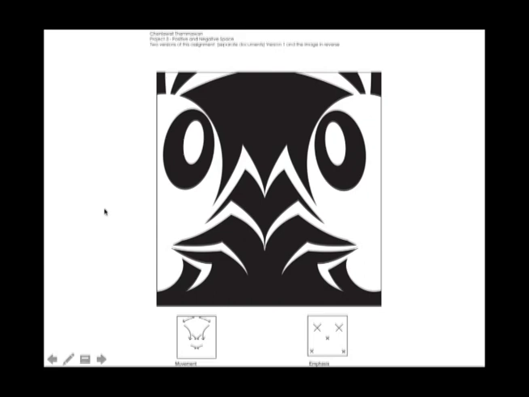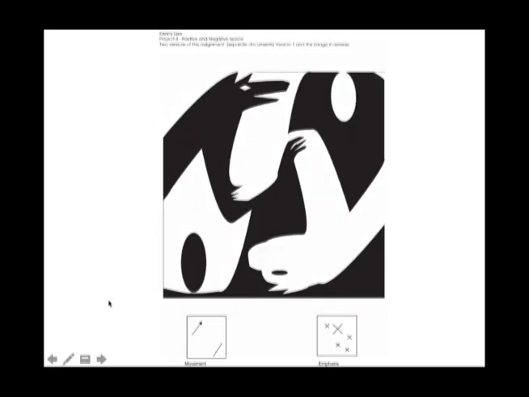Here's a designer who chose to work with animals, very, very challenging thing to do. He or she has created a sort of an owl image down the center here with the beak and some feathers perhaps and these two big eyes. It's also quite easy to see two little bugs or spiders coming in from either side of the design. Animals are difficult though, because as you saw with the Escher prints, in order to make all shapes look positive, you pretty much have to fill the negative shape of each animal with another animal.